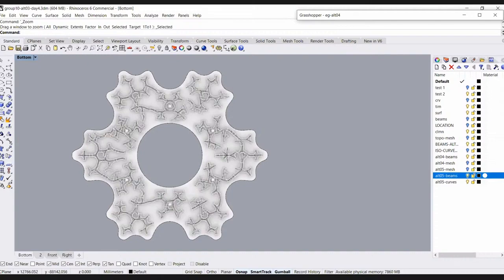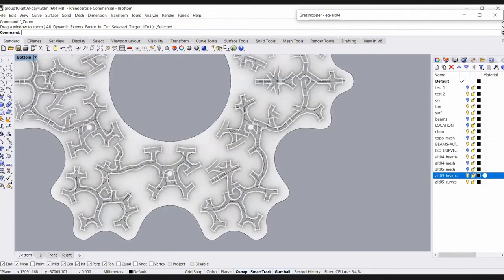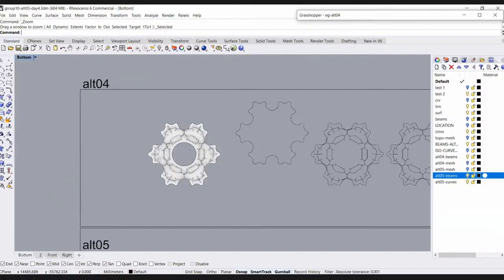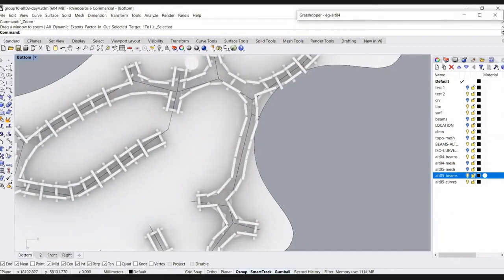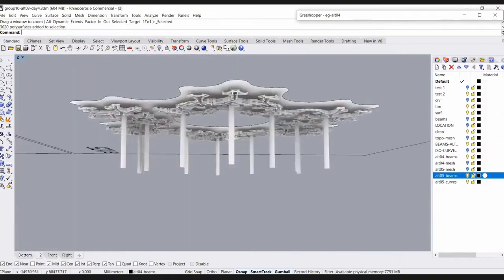There were some problems in the arrangement of beams.